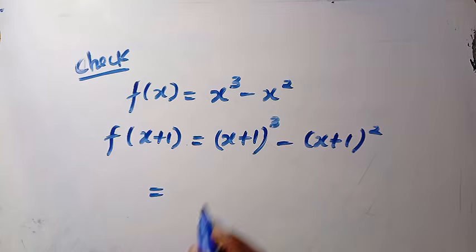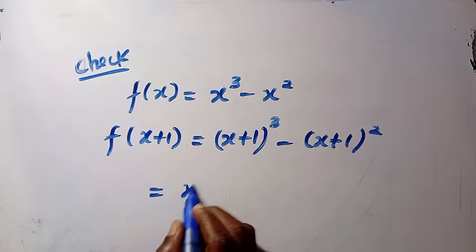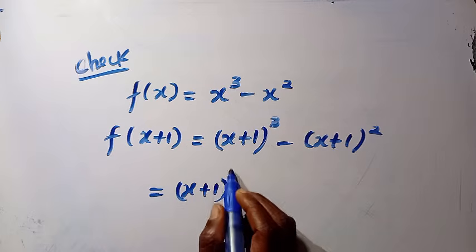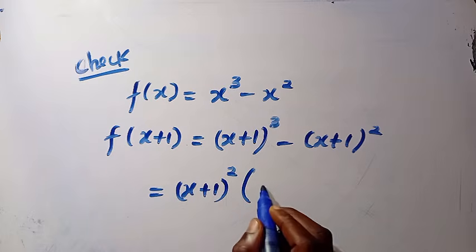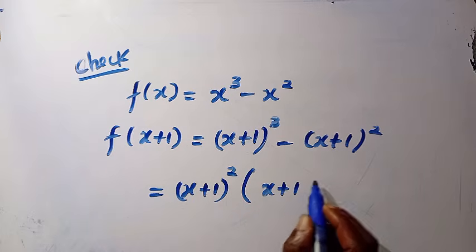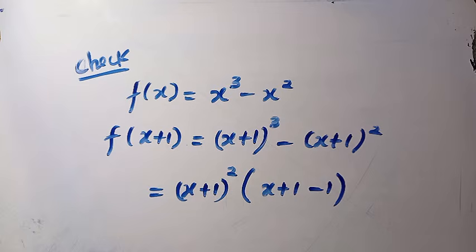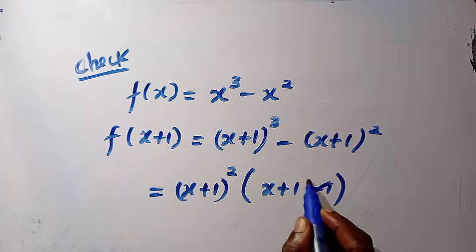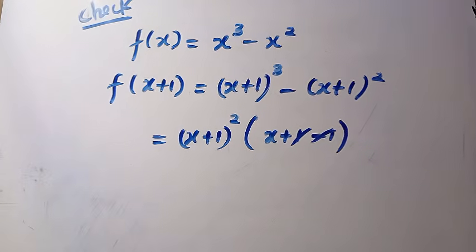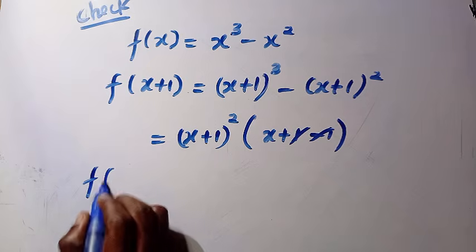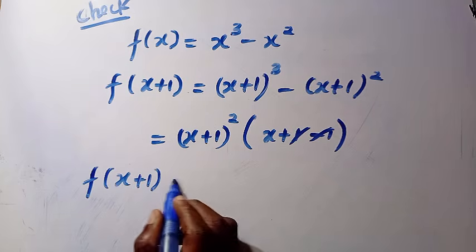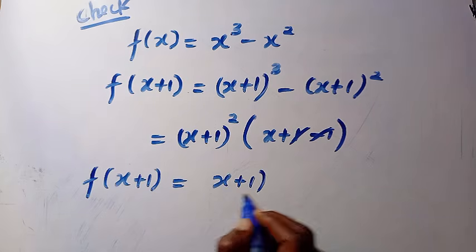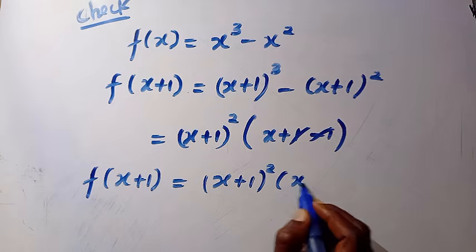So instead of expanding, x plus 1 is common. If I factor out x plus 1 raised to the power 2, this remains x plus 1 and this remains minus 1. And plus 1 minus 1 cancel each other, so we have f of x plus 1 equals x plus 1 squared multiplied by x.